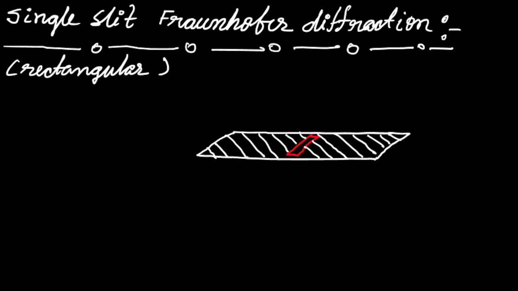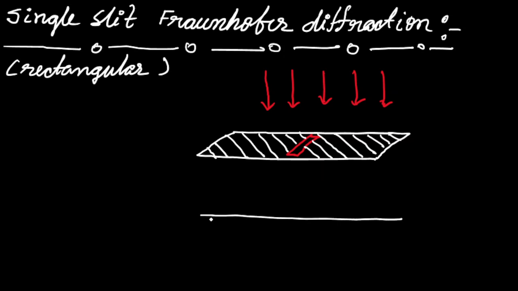And then if we illuminate these slits with a plane wavefront, on the other side of the slits at a distance f from the slits, we'll get a diffraction pattern. So let's say this is our screen.